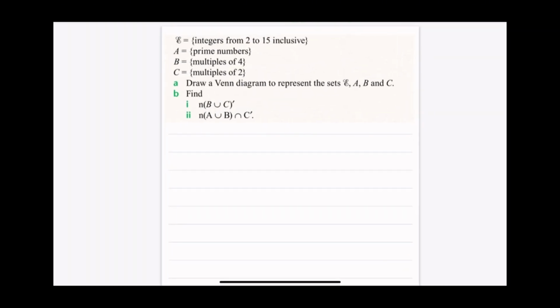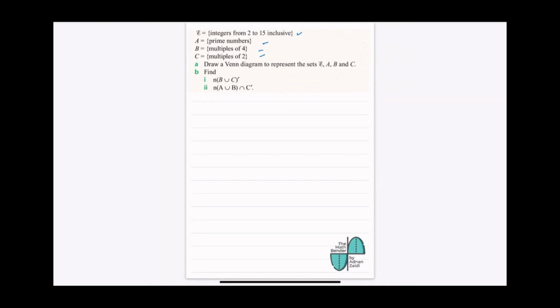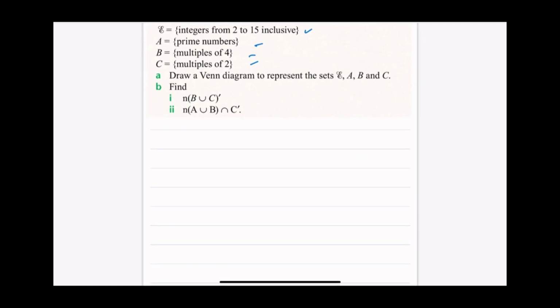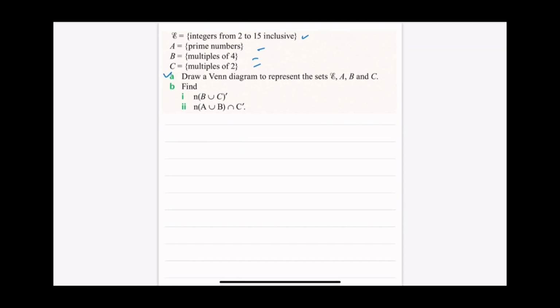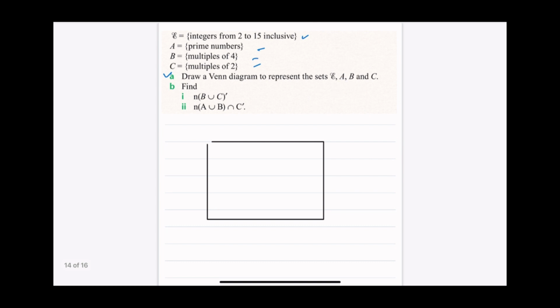Let's see some questions here. I'll write down all of these elements I've taken down. When we have to represent them on a diagram, let's write down the universal set E, and there are 3 sets, A, B, and C. Now how to fill it first?